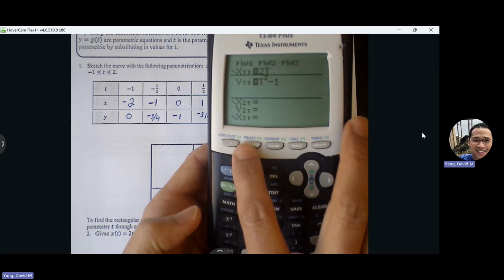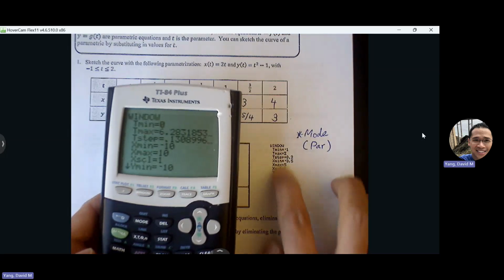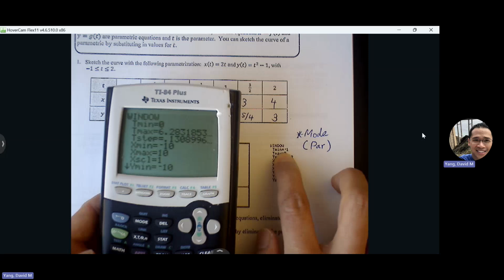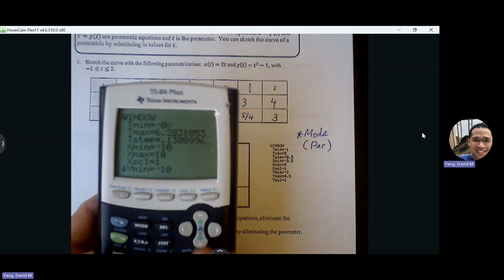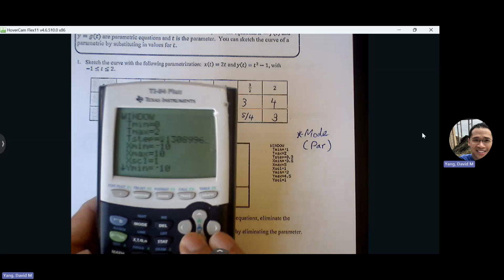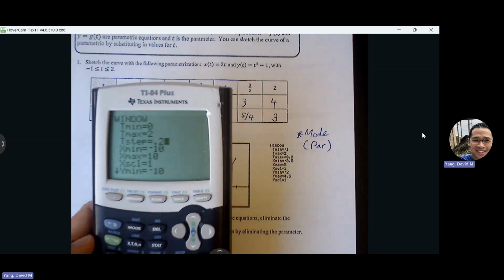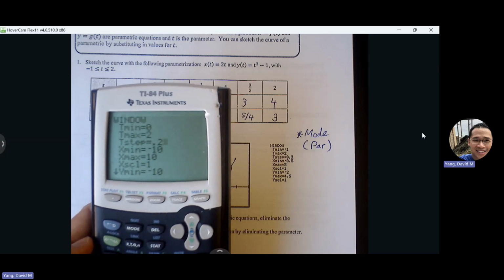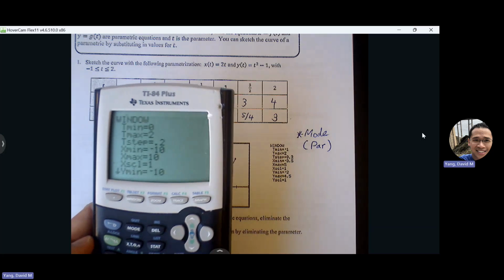And then under window, I'm just going to fill in the conditions that they have here. So T min, we'll start at -1. T max, we'll go to 2. T step, 0.2. Step size means that it's going to find a new t-value every 0.2. X min, let's do -3.5.